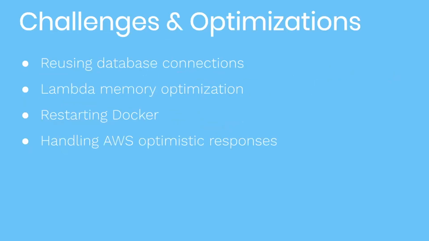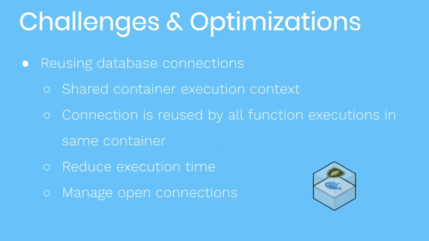Okay, so during development, we did encounter some challenges along the way, but we were able to make optimizations in response to those. So we'll walk through them one at a time. We do have the webhook processing Lambda reusing the database connections to MongoDB. So in Node.js, when a Lambda container is first spun up, the initialization code is executed. And that creates an execution context that's shared by all function executions in that container.